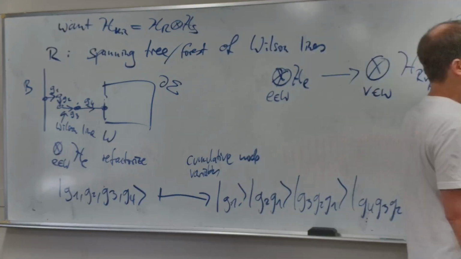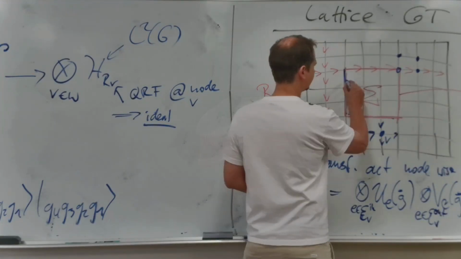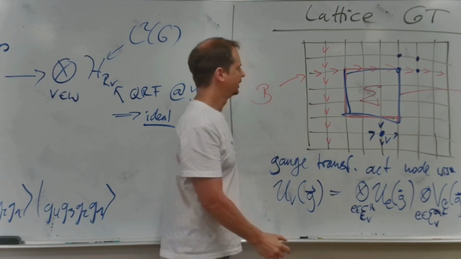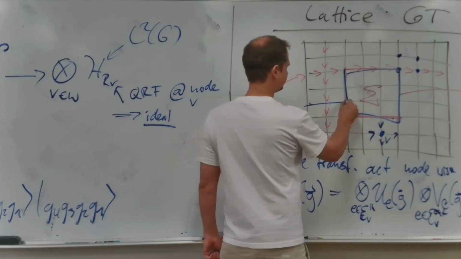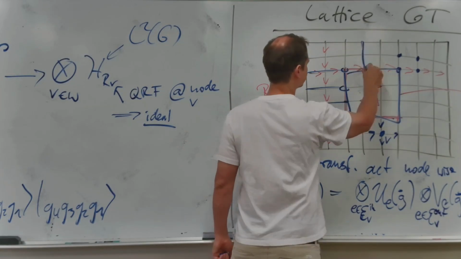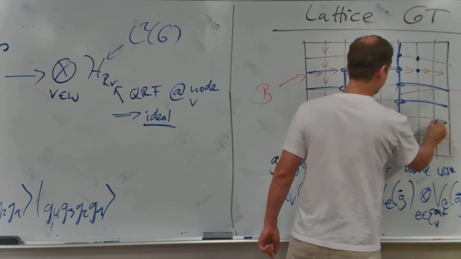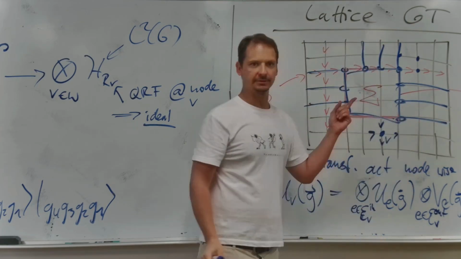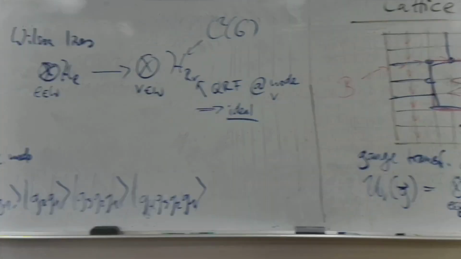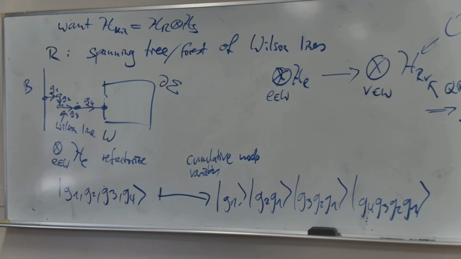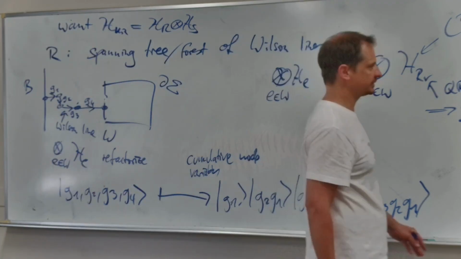And so, in particular, we can now look at the subregion here, and we can choose some extrinsic edge mode frame, just like we did in the continuum. So you can do the same thing here. So what you would then do is, you can again define the subregion theory.